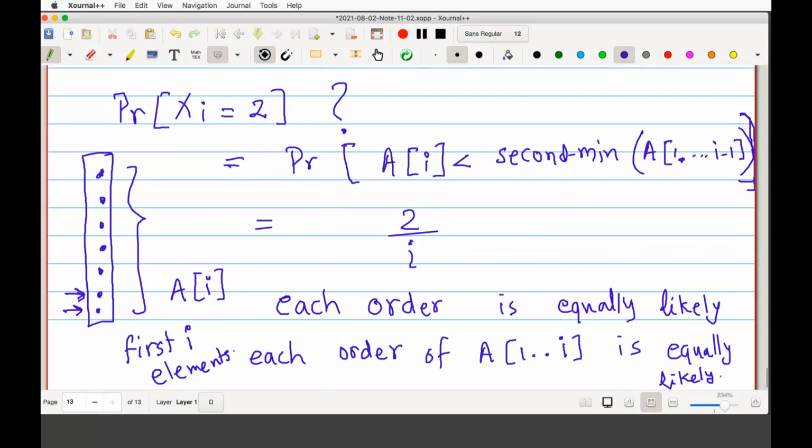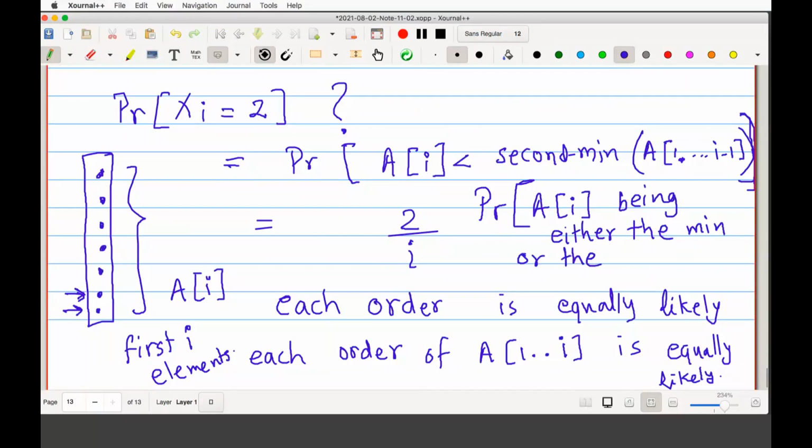Let me write it in other words: this is the same as the probability of AI being either the min or the second min among the first I elements. That is what we are looking for.